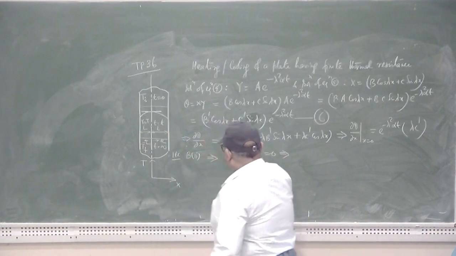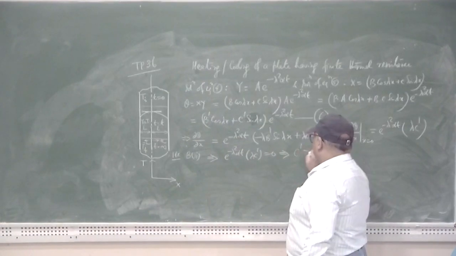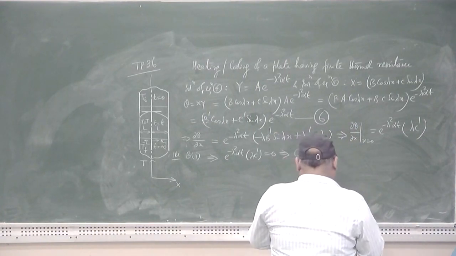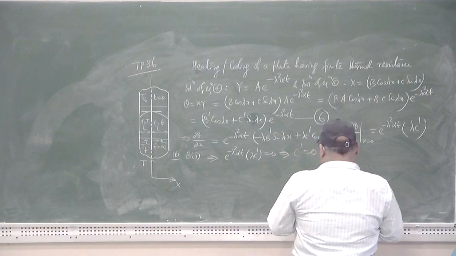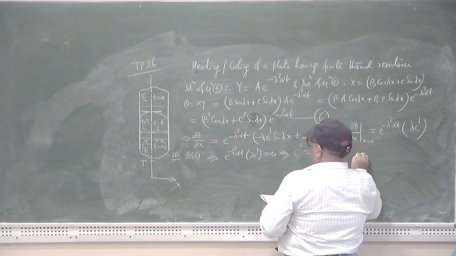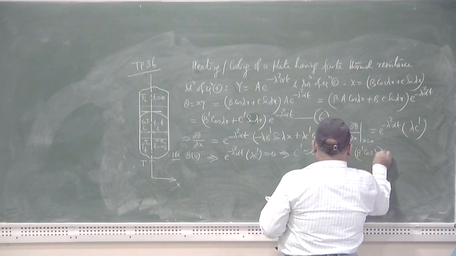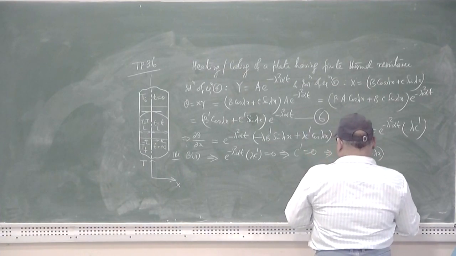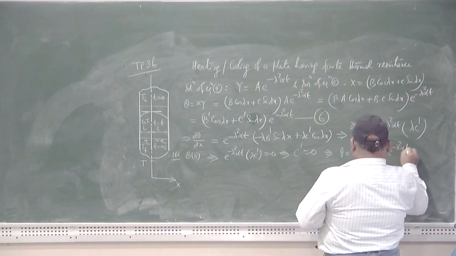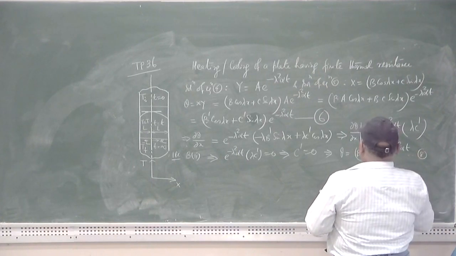Now since this quantity cannot be equal to 0 and lambda cannot be equal to 0, c dash equal to 0. So the value of theta comes as b dash cos lambda x into e to the power minus lambda square alpha t. Let it be equation number 7.